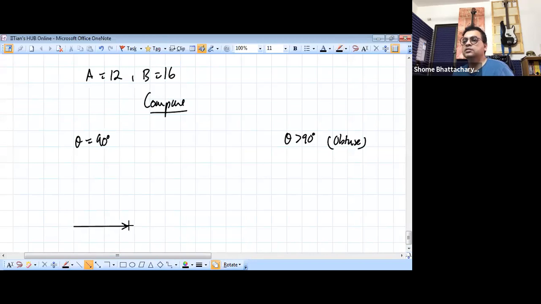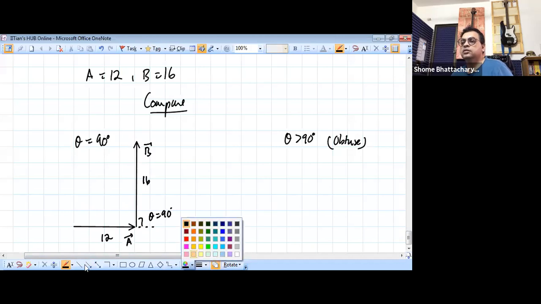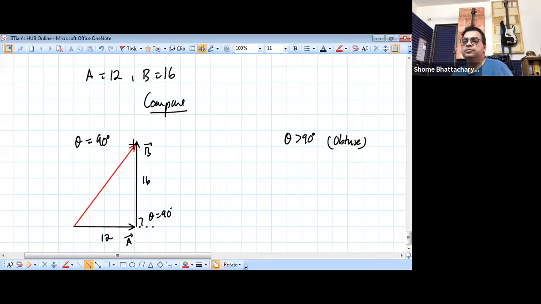It will look like this, 12 like this, 16 perpendicular to it. So this is the vector A, this is of magnitude 12, this is the vector B. So magnitude 16, but in this case, if they were perpendicular to each other, theta is equal to 90 degrees, then how much the resultant would have been over here? The resultant would have been 20, Pythagoras theorem.